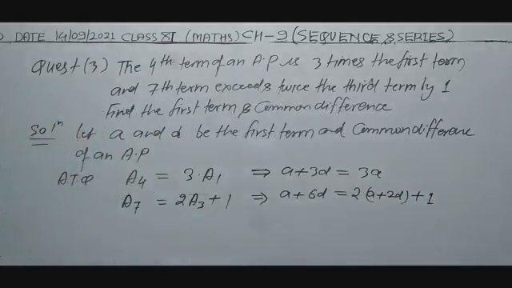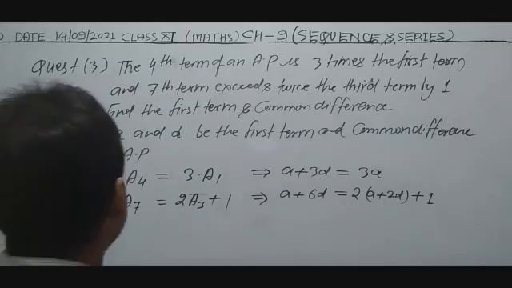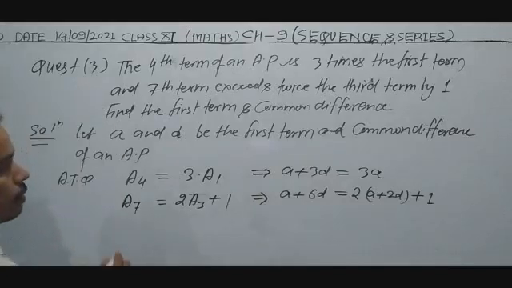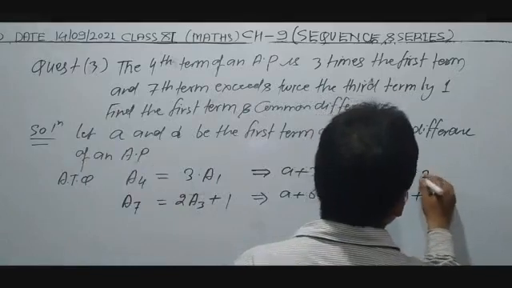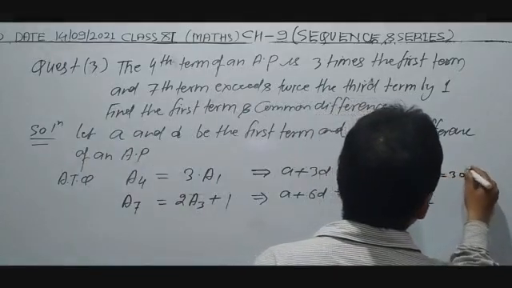This is the relation, and now from the first we get 2A is equal to 3D. This gives us the relation between A and D: 2A is equal to 3D.